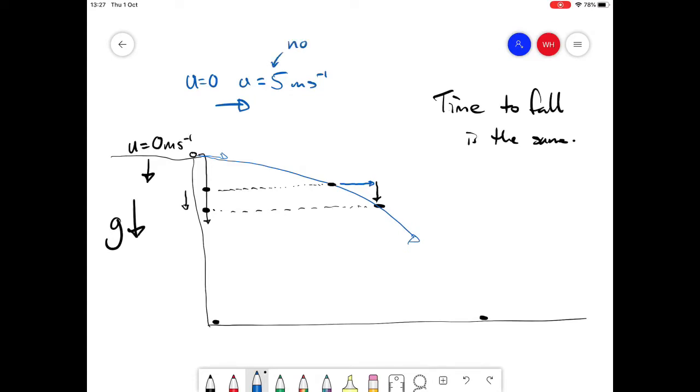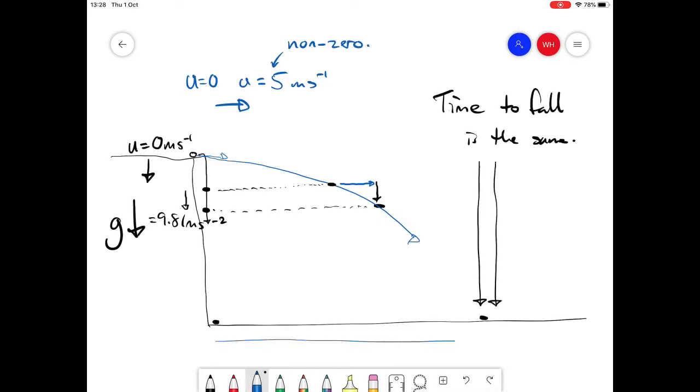Sometimes this is referred to as a non-zero value. They're basically saying it has a value, but it doesn't really matter what it is. So the coin was flying across, and the one going straight down, they fell at the same rate. Gravity for both of them was 9.81 meters per second squared, which meant it took the same time to go down for both of them. Yeah? The only difference was one of them was able to move across as well.